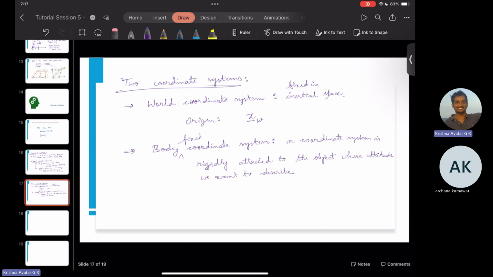Attitude is essentially the orientation. In this case, the origin we denote as x_b, a vector.